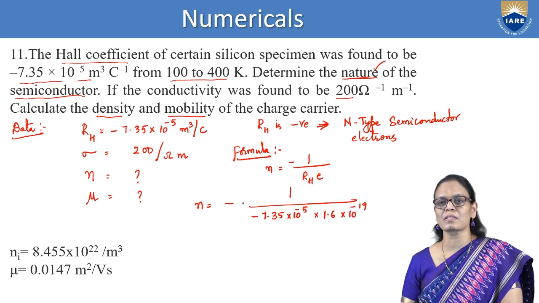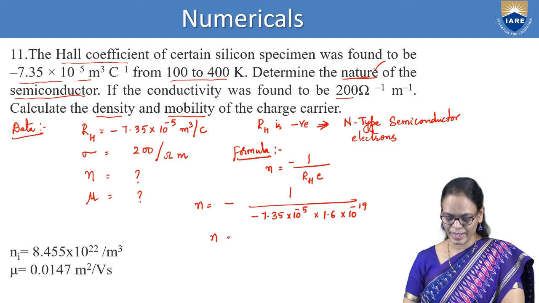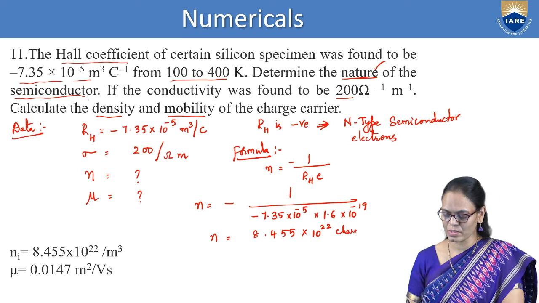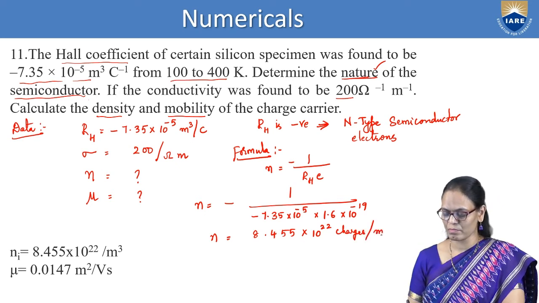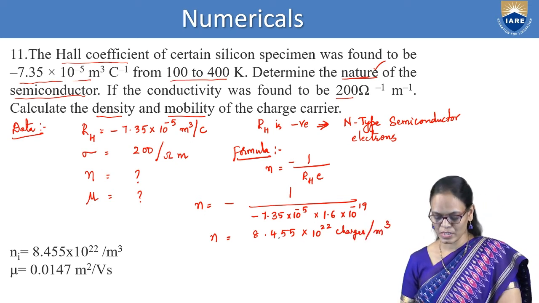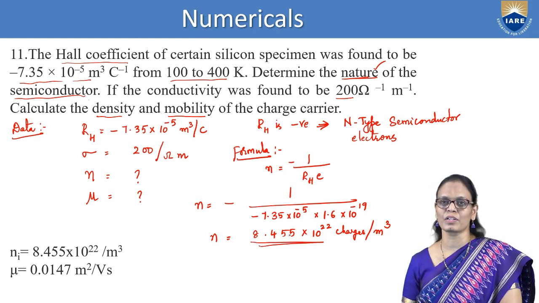This minus will get cancelled. So we will get N is equal to 8.455 into 10 power 22 electrons per meter cube. This is the value of N we have got.